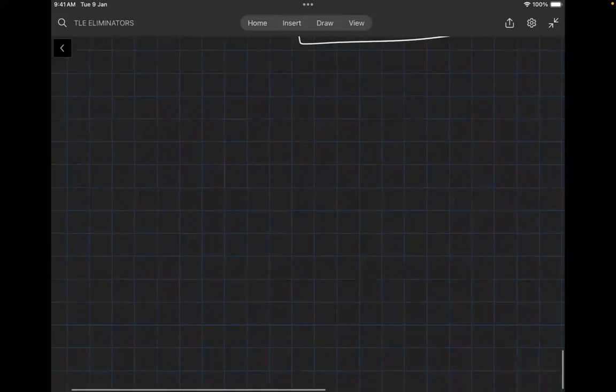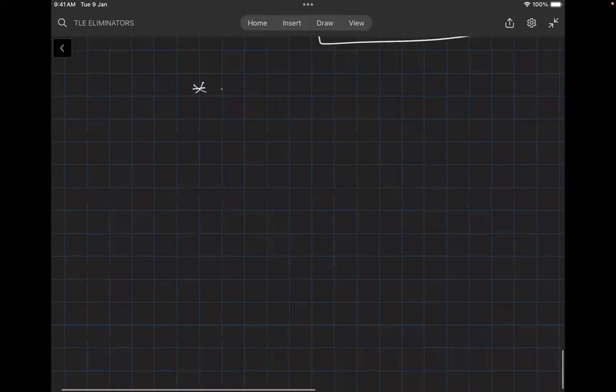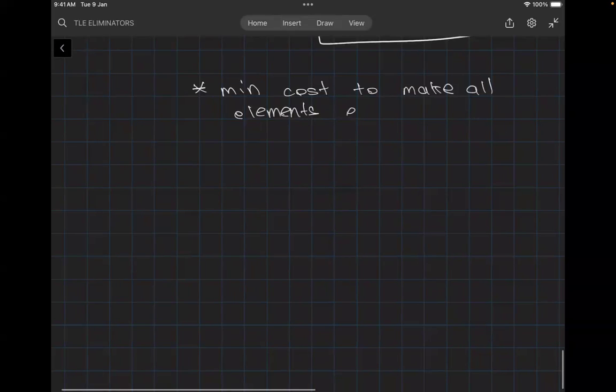What are we asked? What is the min cost to make all elements equal?